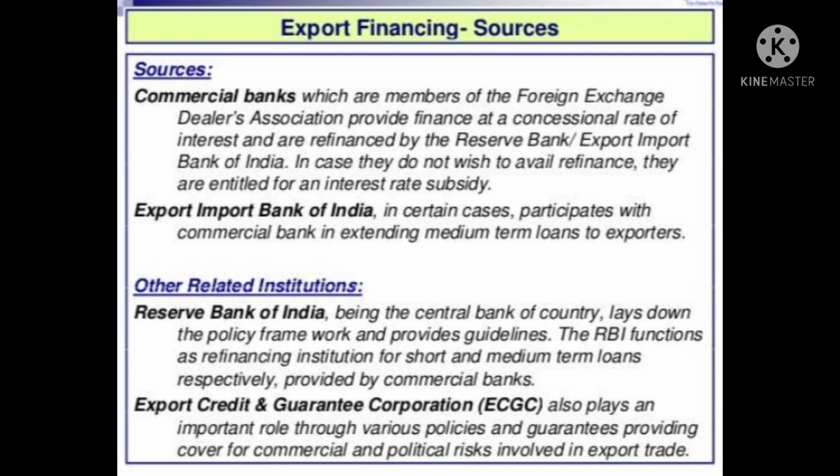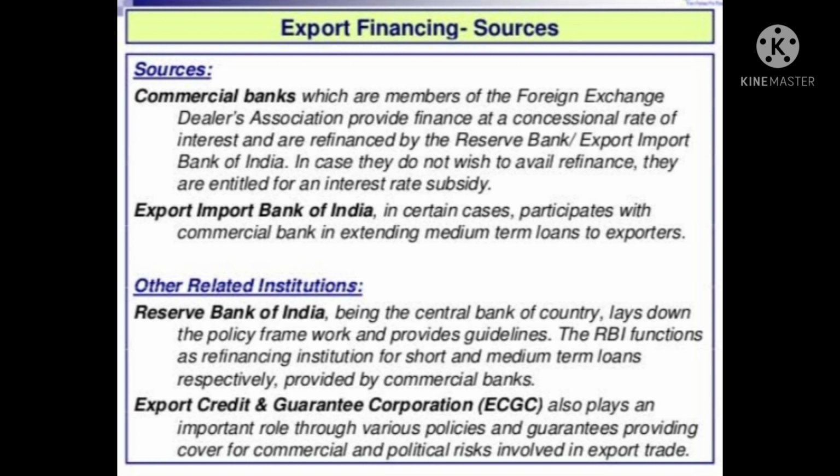Now, other related institutions are the Reserve Bank of India. The Reserve Bank of India, being the central bank of our country, lays down the policy framework and provides guidelines. As you all know, it is the central bank of India, and it lays down certain rules and regulations, and also provides certain guidelines.